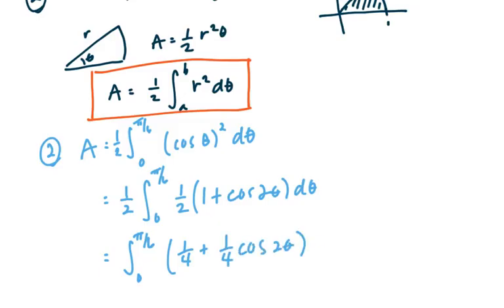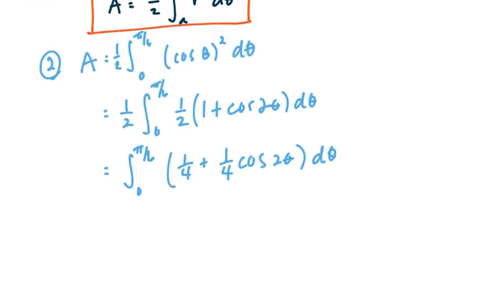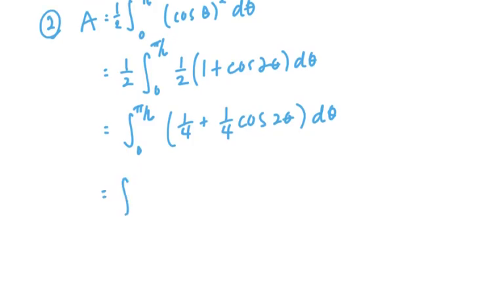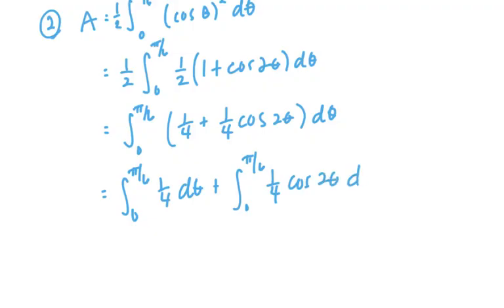Now the reason this is important is because we have to use u substitution in the second part. So let's split it into 2 integrals: 0 to pi over 6 of 1/4 d theta, plus the integral from 0 to pi over 6 of 1/4 cosine 2 theta d theta. Now we let u equal 2 theta, so du equals 2 d theta, so d theta equals 1/2 du.